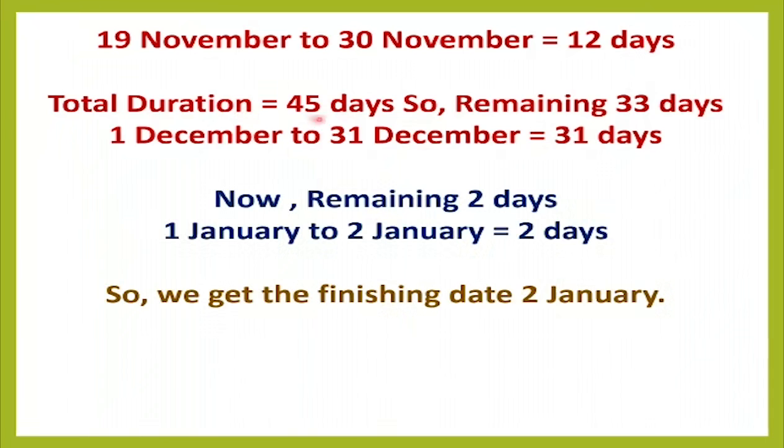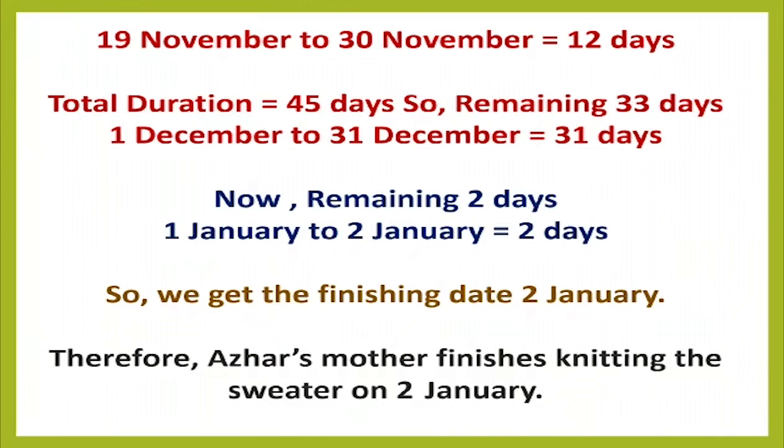After 31 December, we will have 1 January. So from 1 January to 2 January, there will be 2 days in the month of January. So we get the finishing date as 2 January. So Azhar's mother finishes knitting the sweater on 2 January.